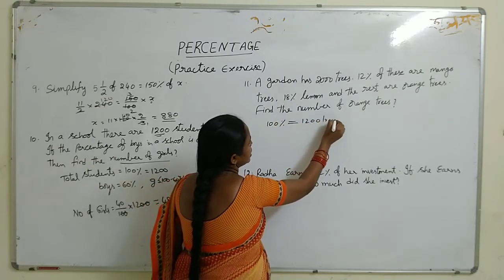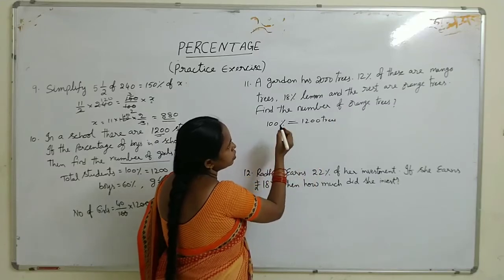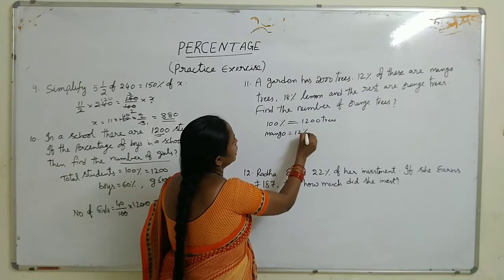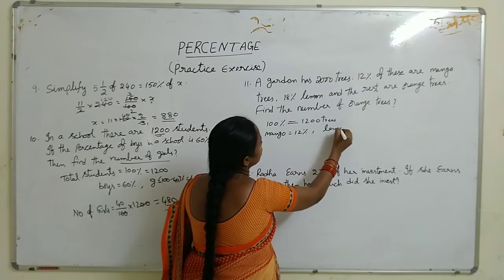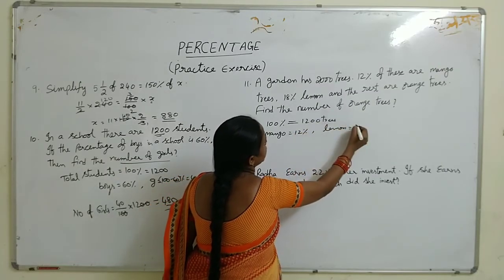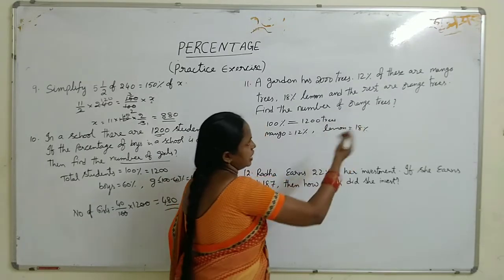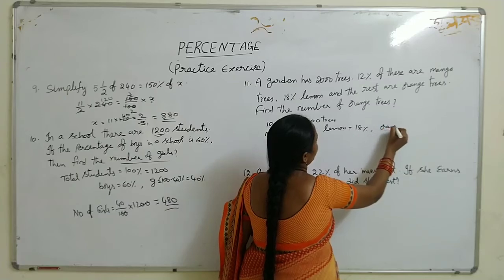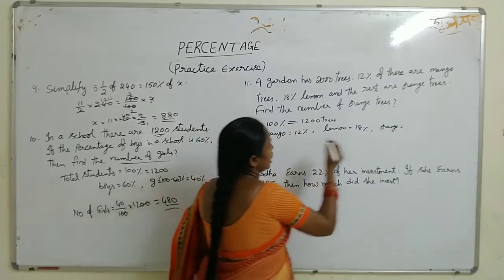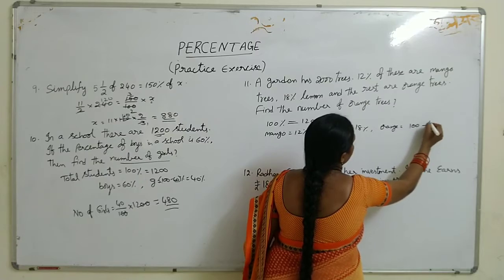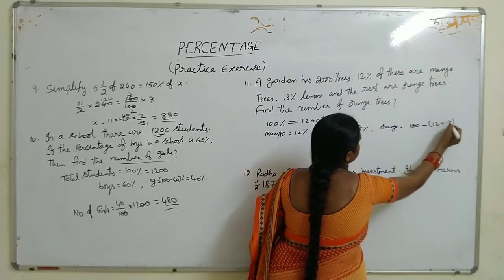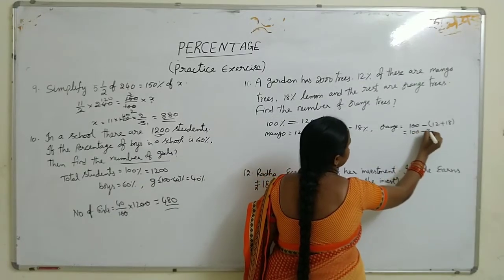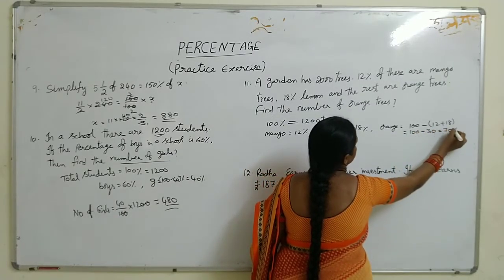In these, mango trees are 12% and lemon 18%. The rest means remaining, or orange. So the orange trees percentage is 100 minus 12 plus 18, that means mango and lemon trees subtracted. Then 100 minus 30 equals 70%.